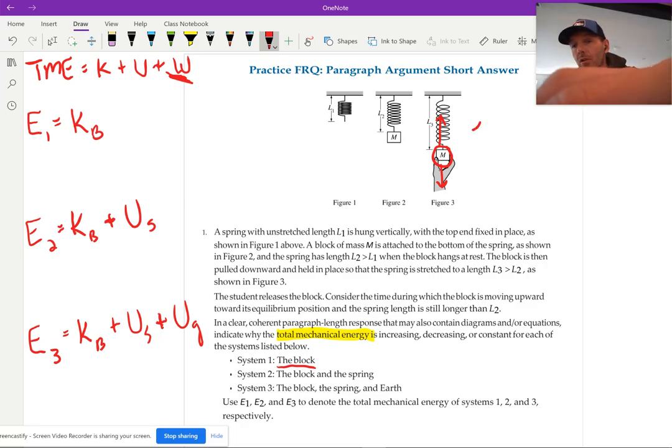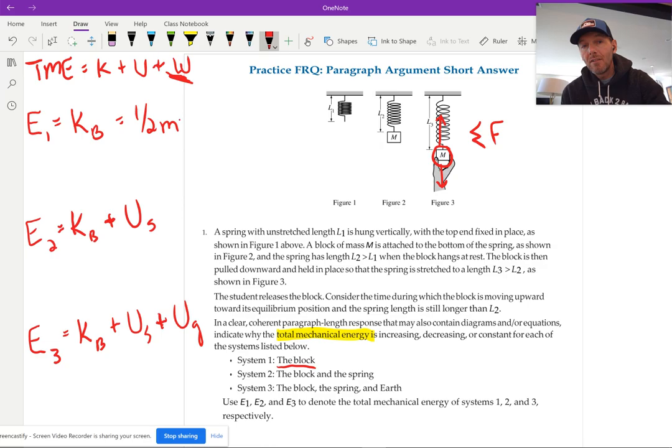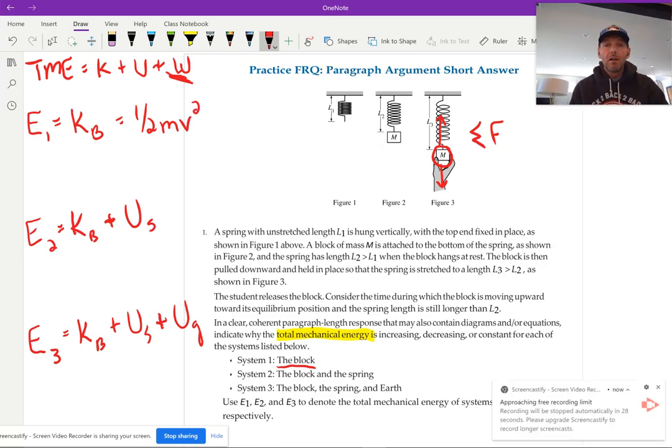So the net force on this thing has to be upwards, right? Because the motion is upwards and it's accelerating. So we know in this case that since this is 1/2 mv squared, the velocity of the block is increasing, then the energy is increasing here as well.